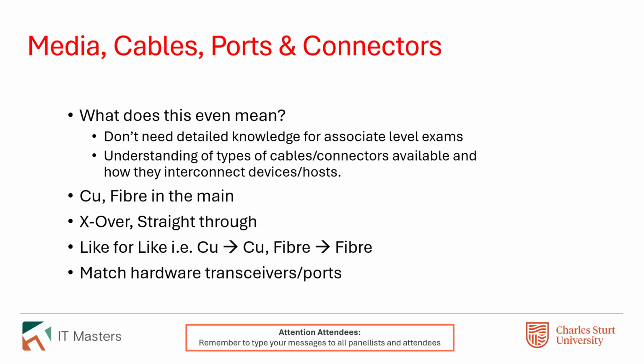That's less important with copper, where generally electrical auto sensing means that if you've, say, got a gigabit capable device and a 10 gigabit capable device and you connect them together, they'll both negotiate down to the gigabit speed. Unfortunately, with fiber, that's not the case.